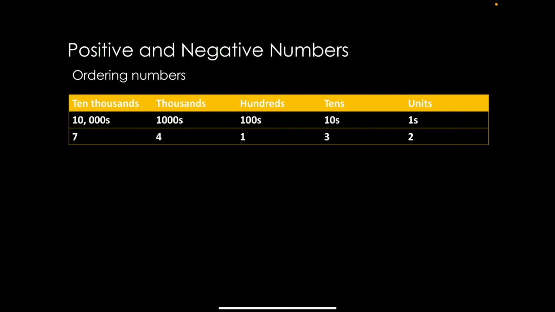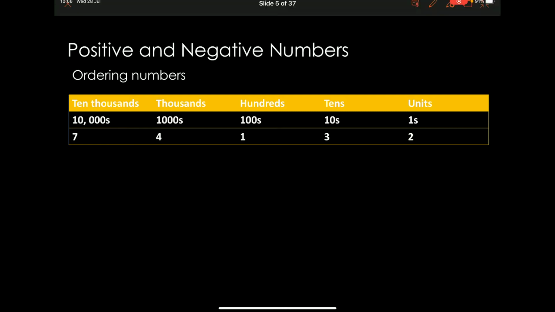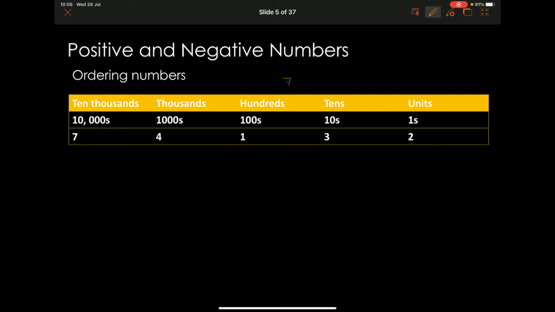Okay, so looking at our place value chart again, if we look at this number here, 74,132, okay? Now, as you can see, I've put my units on the end, which is where they should be. And anything before the units increases in value, it gets bigger, okay?